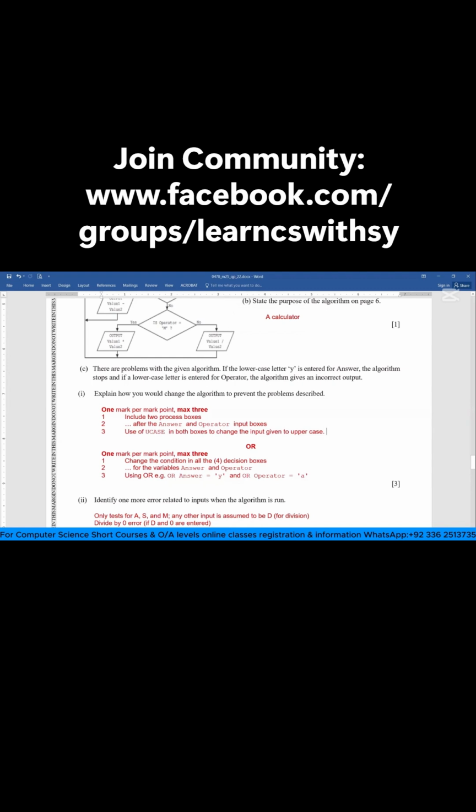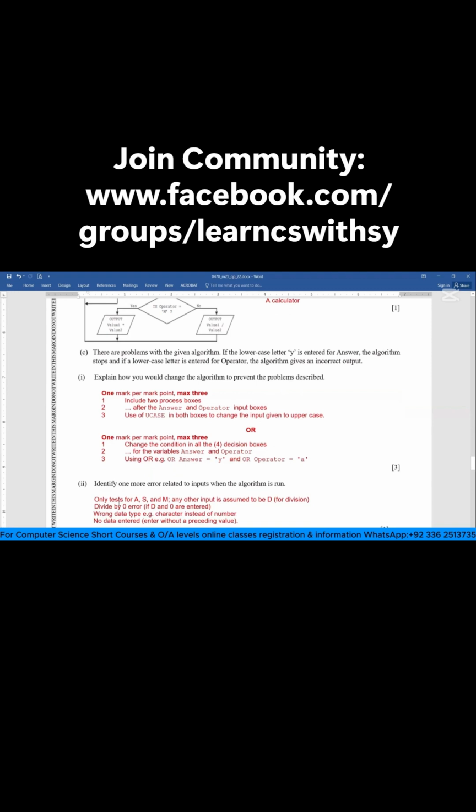Now, identify one more error. One more error is supposed to be identified here only. A child may have seen that only A, S or M are checked. So, in all other cases, it is assumed it is going to move to D, division, which might be wrong. Division by zero, exactly. There's an option that a person has entered the value 2 as a 0, so it will result in a wrong value.